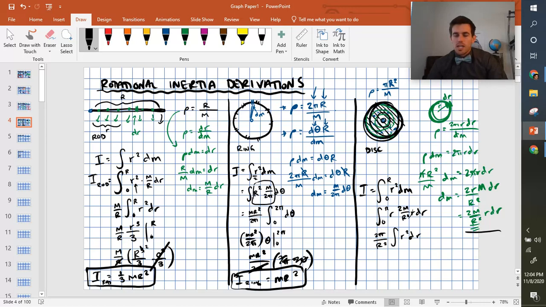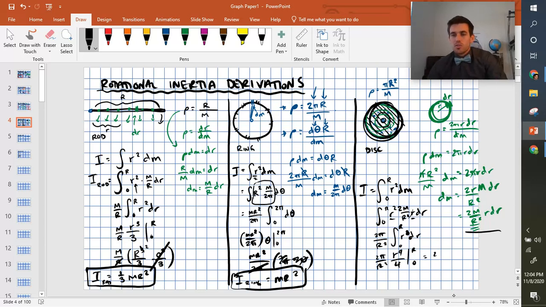Once again, I'm not liking what's happening here. Hold on one sec. Yeah, this should be r cubed. Okay, should be r to the third right there, because we had an r squared here and an r there. So when I integrate that, it's going to be r to the fourth over 4 from 0 to R, times 2M over R squared.